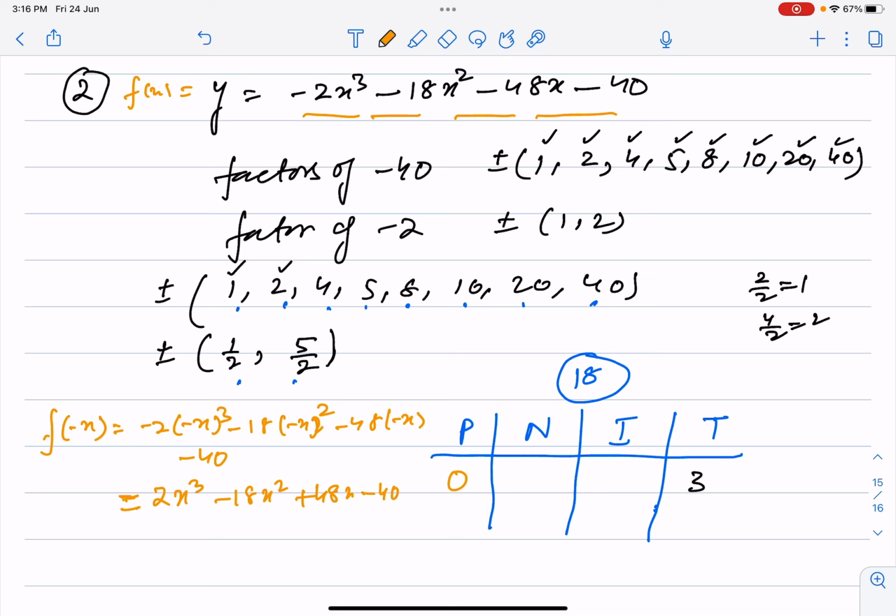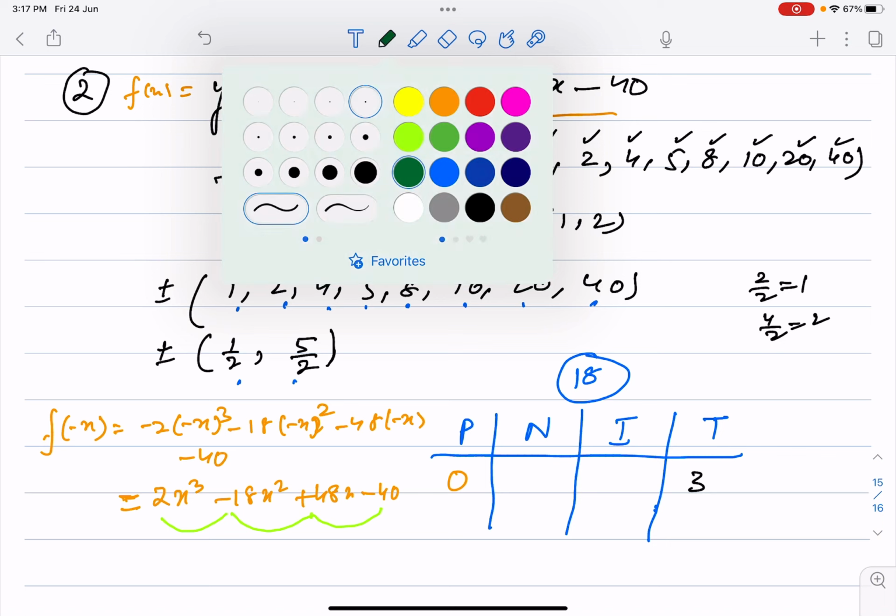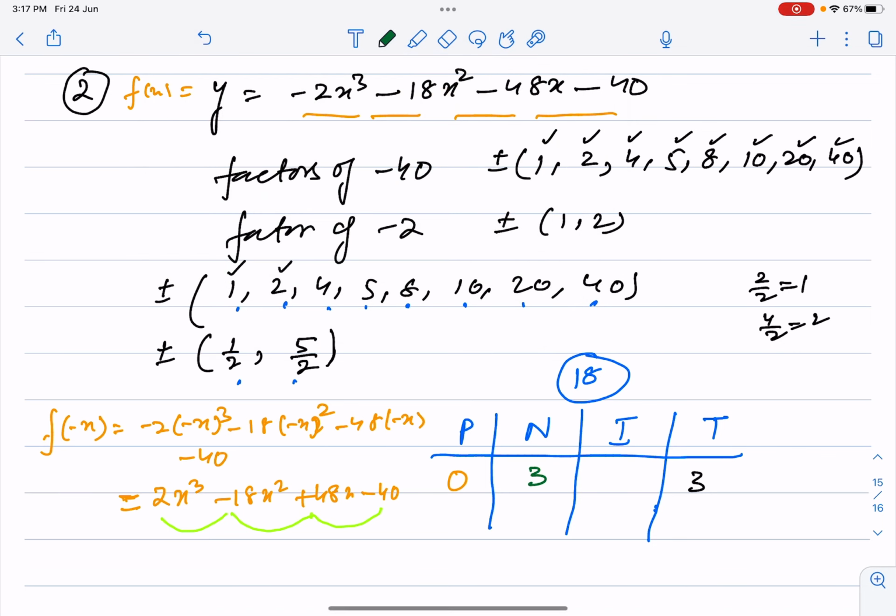Now coming to the sign changes: negative, negative, one change; negative to positive, another change; and positive to negative, another change. So there will be 3 negative roots. So let's write 3. Obviously total is 3, so imaginary will be 0.